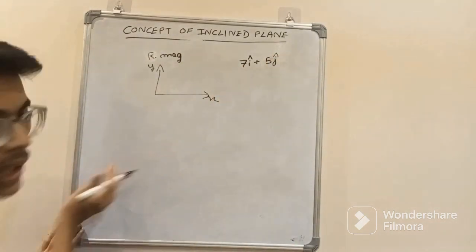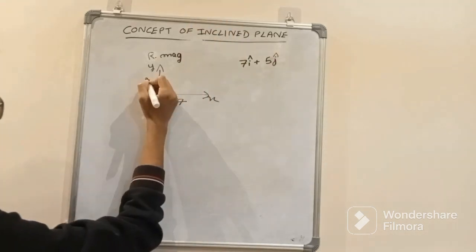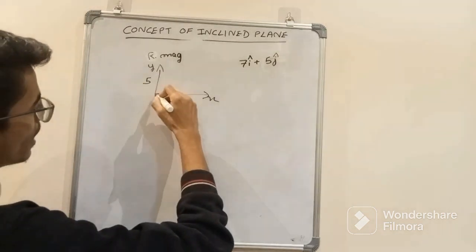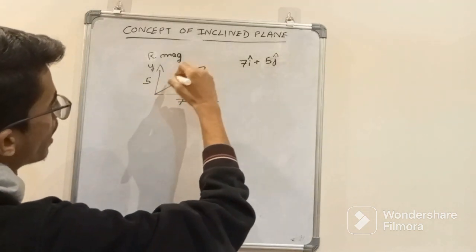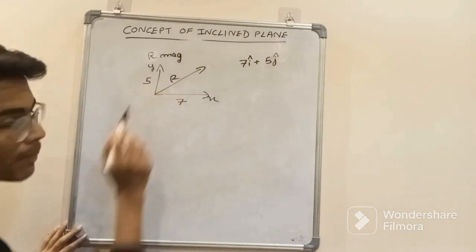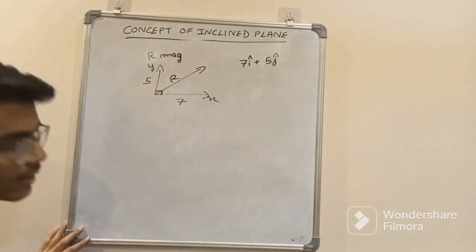So I cap, that means x-axis, and j cap, that means y-axis. So this is 5 and this is our 7, and this will be our resultant vector. हमें इस r vector का magnitude निकालना है. This will obviously be 90 degrees.